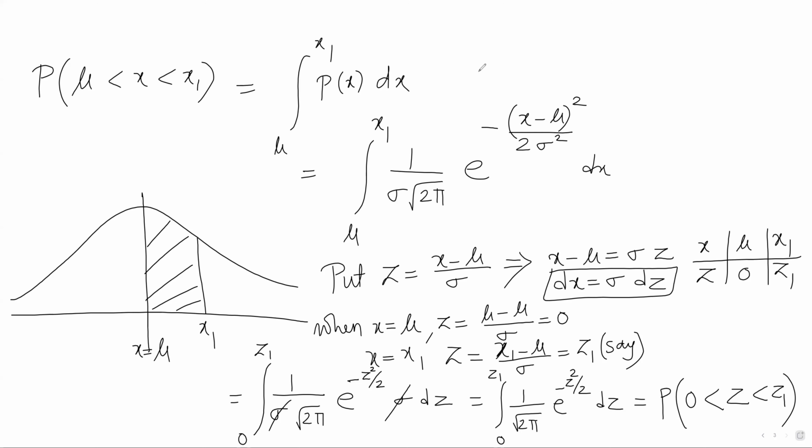So this gets transformed to new values and we get the new function, the standard normal curve, in between 0 and z1. The problems based on this are very simple, so let us see the problems for some time.